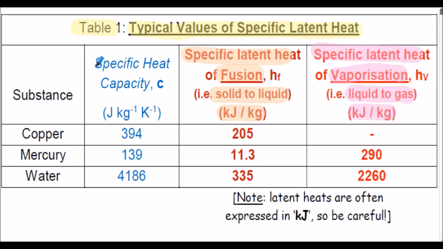I have also included the specific heat capacity values denoted as lowercase c. These are from our previous presentation. And notice the unit is a joule per kilogram per K or per C. Just take note here that latent heats are often expressed in terms of kilojoules. So do be careful when extracting the information from the question. I find sometimes students forget the kilo prefix on the specific latent heat values.